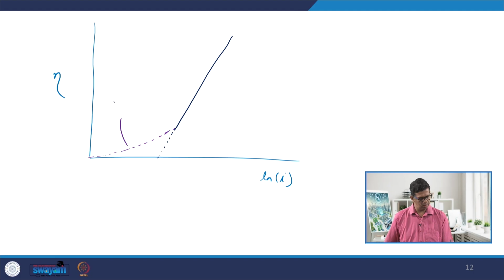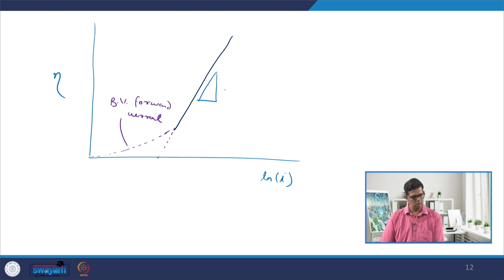This is called the Butler-Volmer forward current. As we have already mentioned, this is the slope of the line, and this will be ln I naught. When eta is 0, the value of current that we get is nothing but the exchange current.